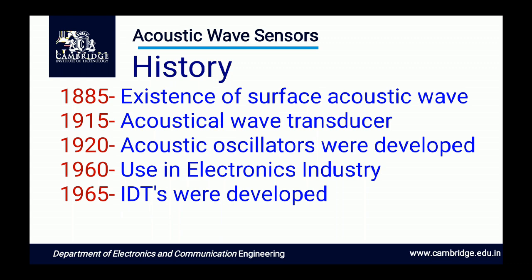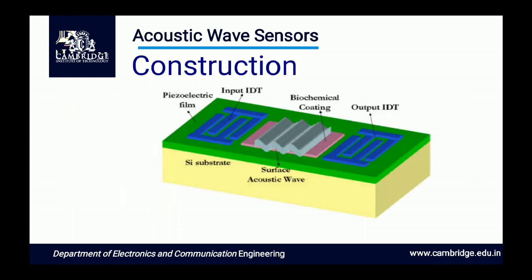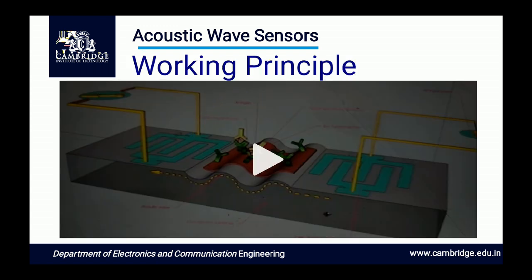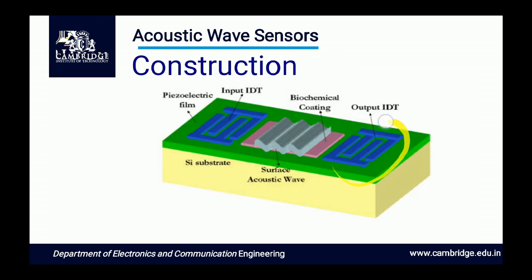Moving to the construction of the piezoelectric or acoustic wave sensor, the basic surface acoustic wave sensor device consists of a piezoelectric substrate, an input IDT and an output IDT.